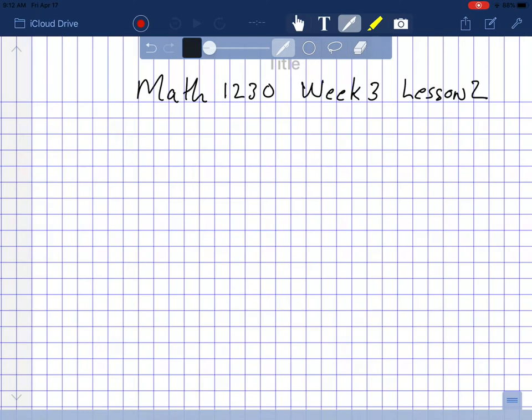Okay, let's continue our discussion of complex numbers. Today we're going to look at a geometric interpretation of a complex number. So let's look at the complex number z equal to a plus i times b, and we'll remember that a and b are real numbers.